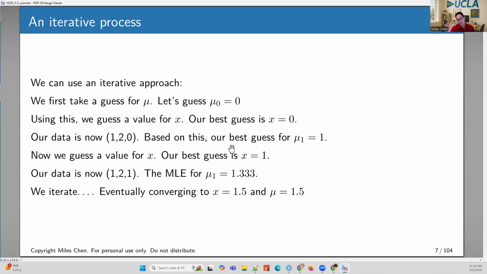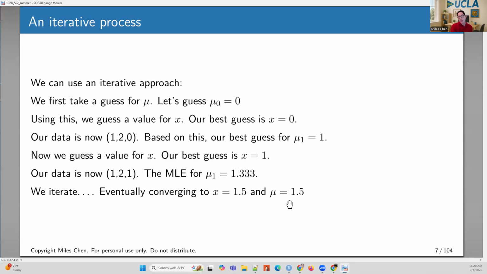This is a very simple example, and if you iterate back and forth between updating your unknown parameter and your best guesses for the missing values, eventually you'll converge to filling in the missing value with 1.5 and the unknown parameter as 1.5 as well.